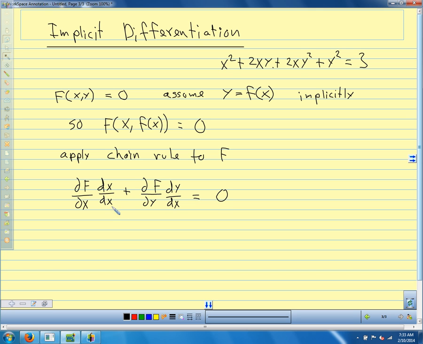Well, what is dx dx? 1. So I get the partial of F with respect to x plus the partial of F with respect to y times dy dx equals 0. And I can solve this for dy dx.